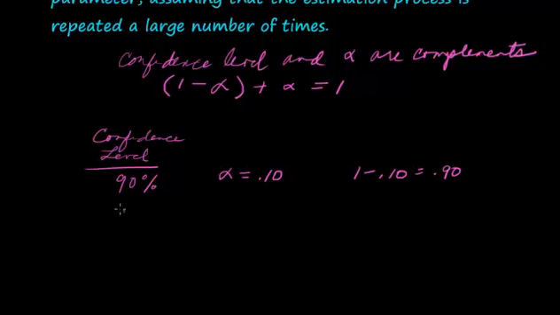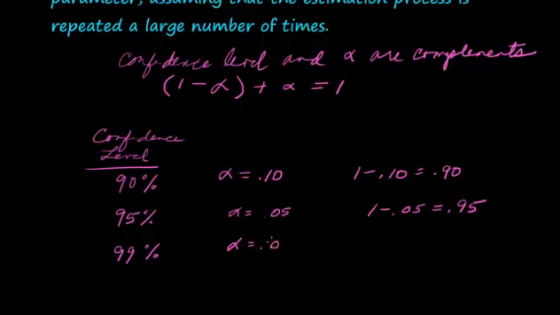So you see how those work together as complements. Okay, the next would be 95%. And here our alpha is 0.05. So 1 minus 0.05 is where we're getting that 95% or 0.95. And then finally 99%, so alpha equals 0.01.